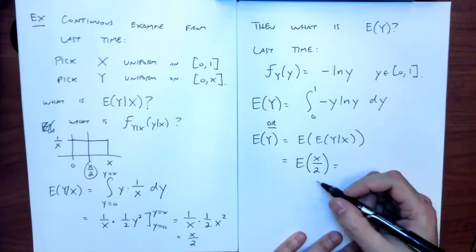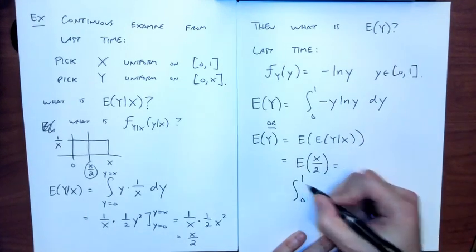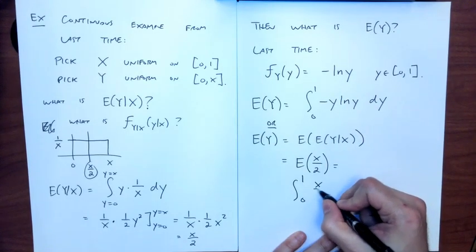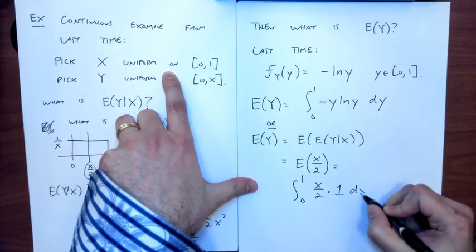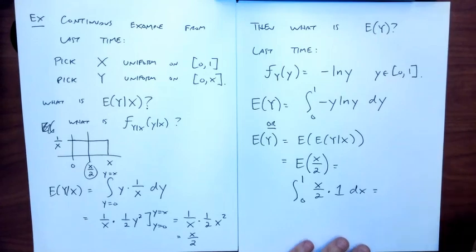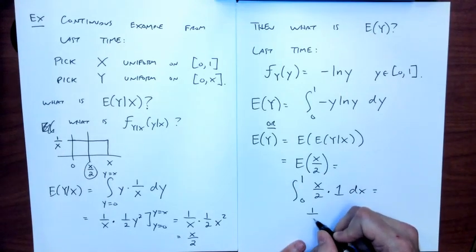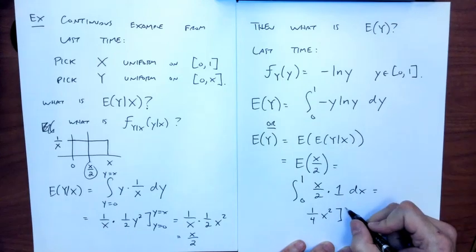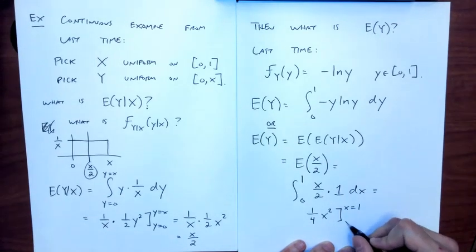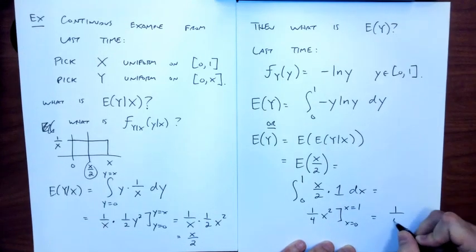Which is basically going to be the integral from 0 to 1 of x over 2 times the PDF of x. Well, the PDF of x is just 1, right? dx. So what do I get? I get 1/4 x squared at x equals 1, x equals 0, and I end up with 1/4, right?